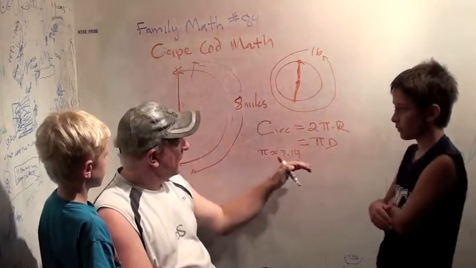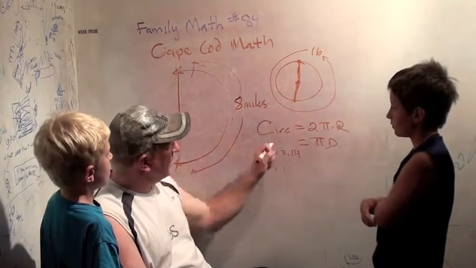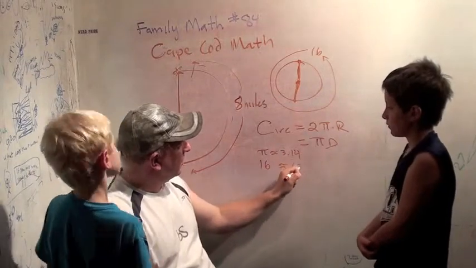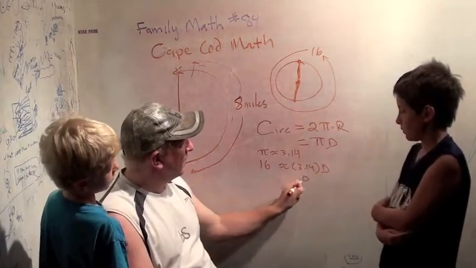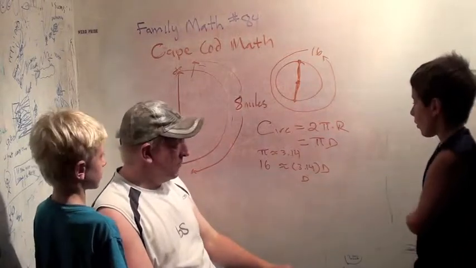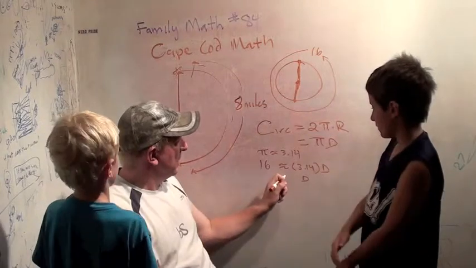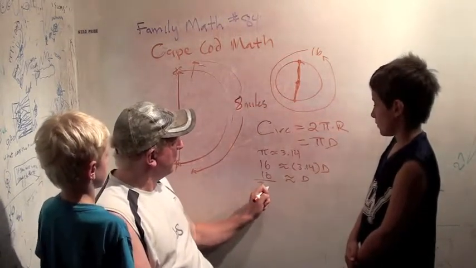So if pi is about 3.14, we know that 16, the circumference, is approximately equal to 3.14 times the diameter. So how do I find what the diameter is? Well, we need to divide by pi. Okay, so the diameter is approximately 16 divided by 3.14.